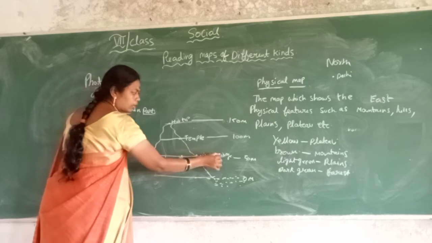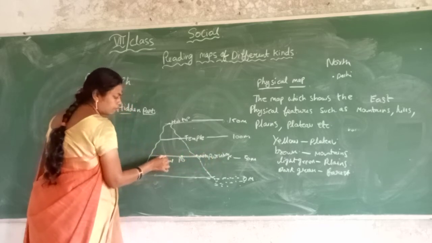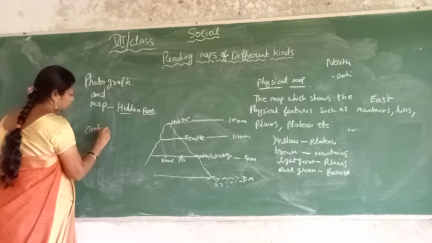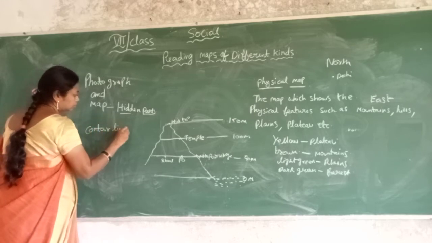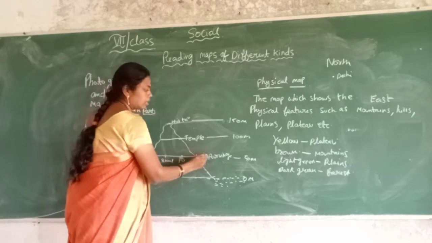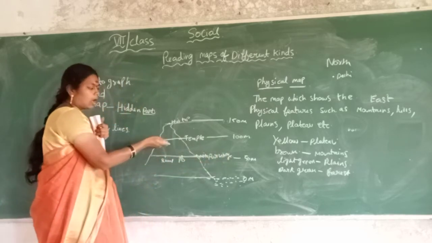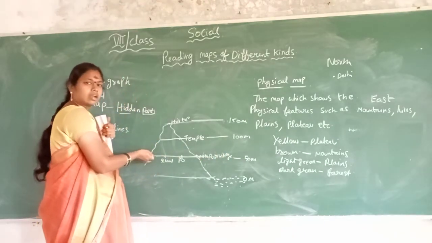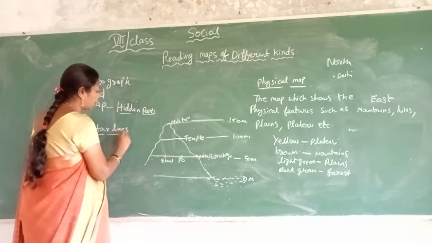The line joining the places of equal heights is known as contour lines. Okay, contour lines అంటే ఏంటంటే ఏ ప్లేసెస్ అయితే ఈక్వల్ హైట్ లో ఉన్నాయో ఆ ప్లేసెస్ ని మనం ఒక లైన్ తోటి జాయిన్ చేస్తే దాన్నే మనం కాంటోర్ లైన్స్ అని చెప్పి అంటాం.